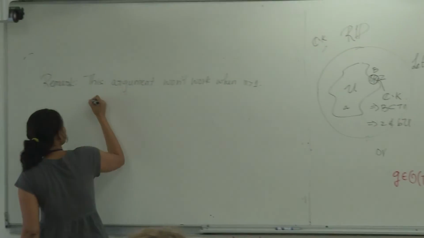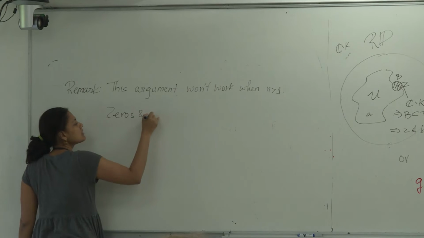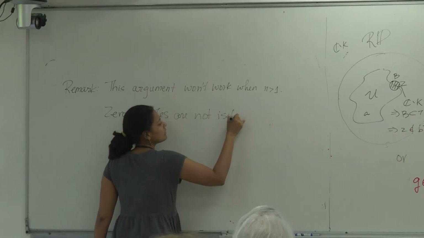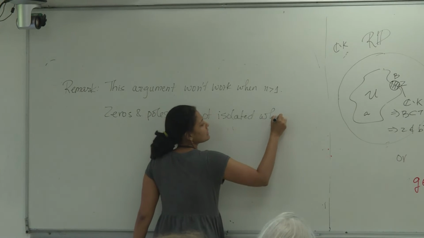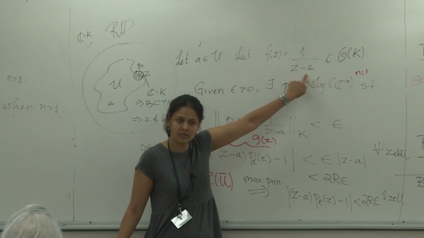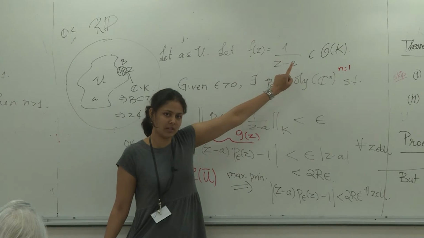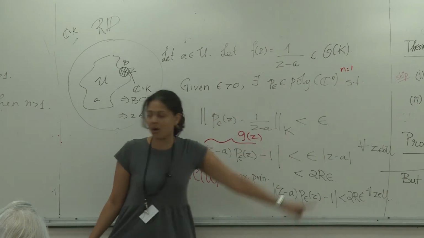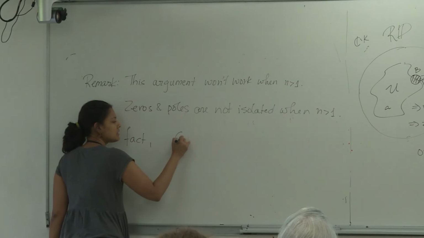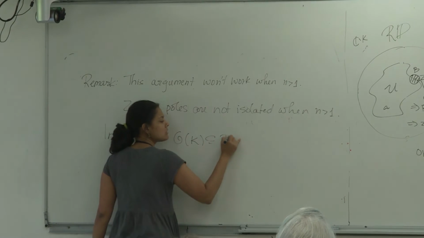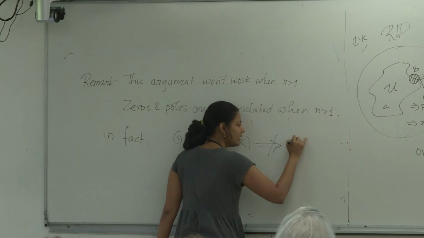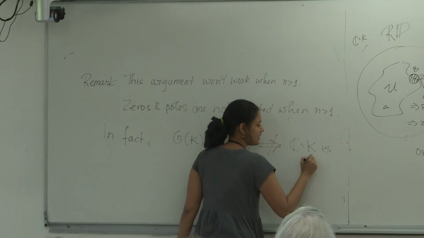We know that zeros and poles are not isolated when n is greater than 1. So it's not clear what you're going to replace this function with, and it's not just a failure of the argument, this statement is actually not true. In fact, if I assume polynomial approximability, this may not in general imply that C minus K is connected.